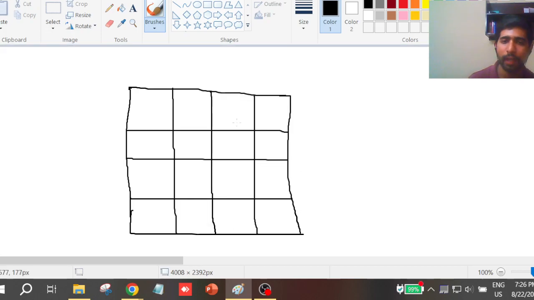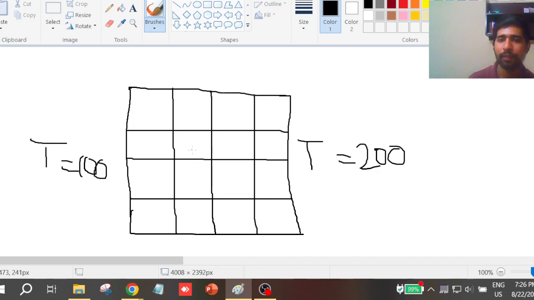For example, in a manufacturing industry you have a bridge made of a metal slab, and on one end of the slab you have a temperature of, say, 100 degrees, and at the other end 200 degrees. Then how would the temperature vary within the bridge, that you want to analyze.